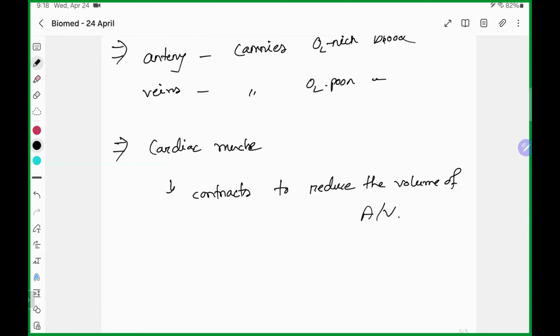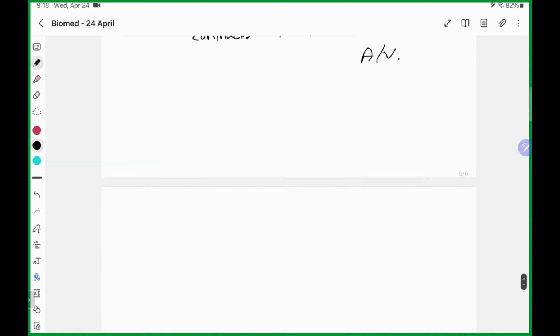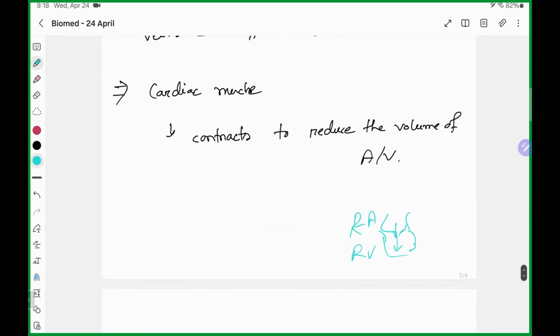Previously we saw our atria was here. This is the chamber, and here we have this small gap. So this is our atria, this is our ventricle. From atria to ventricle, the blood will flow. This is the right atria, right ventricle. So why will the blood flow from right atria to right ventricle?